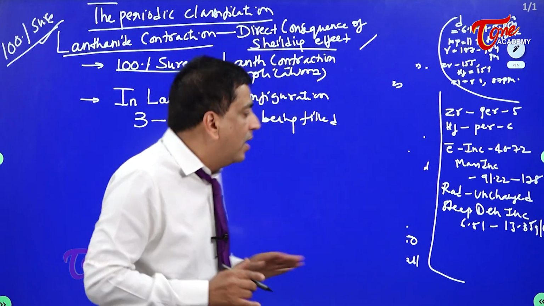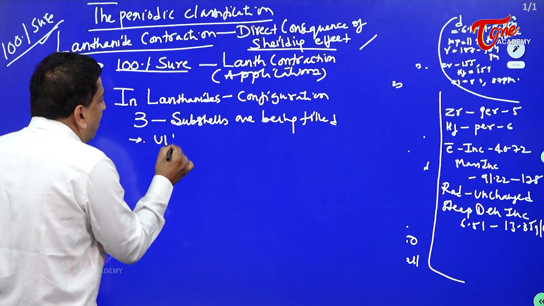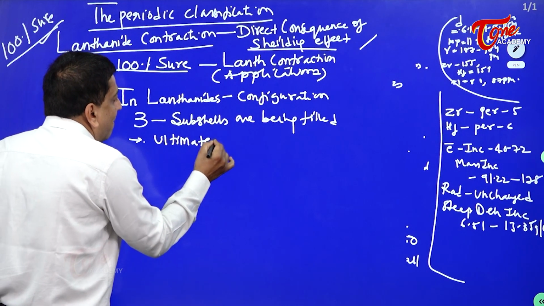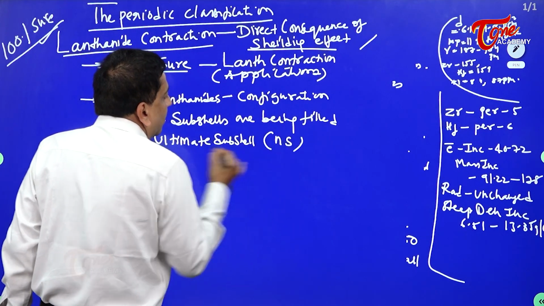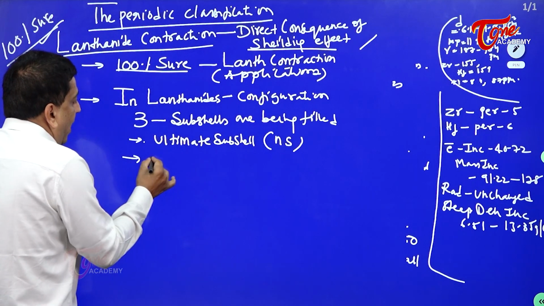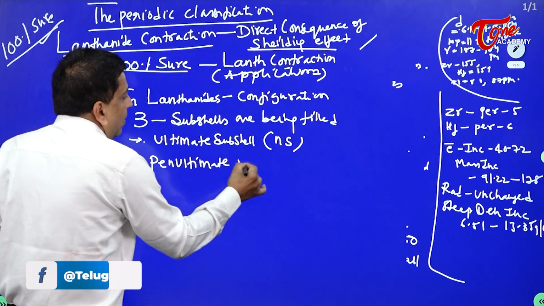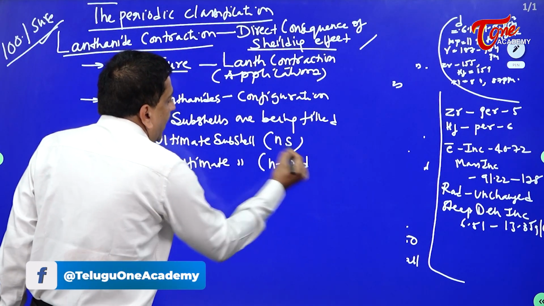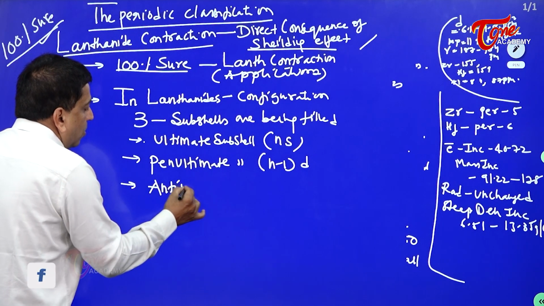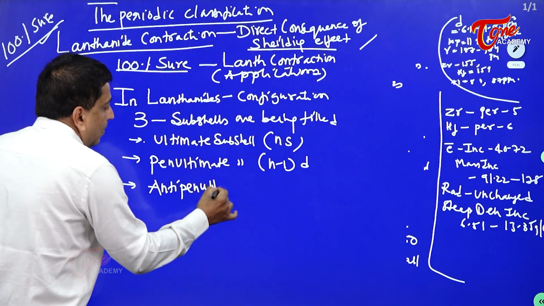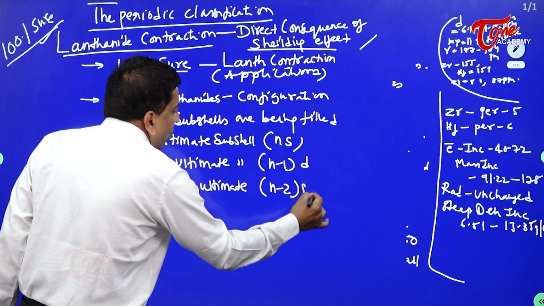One is the ultimate subshell, that is NS. Penultimate, that is N minus 1D, and this is anti-penultimate, that is N minus 2F.